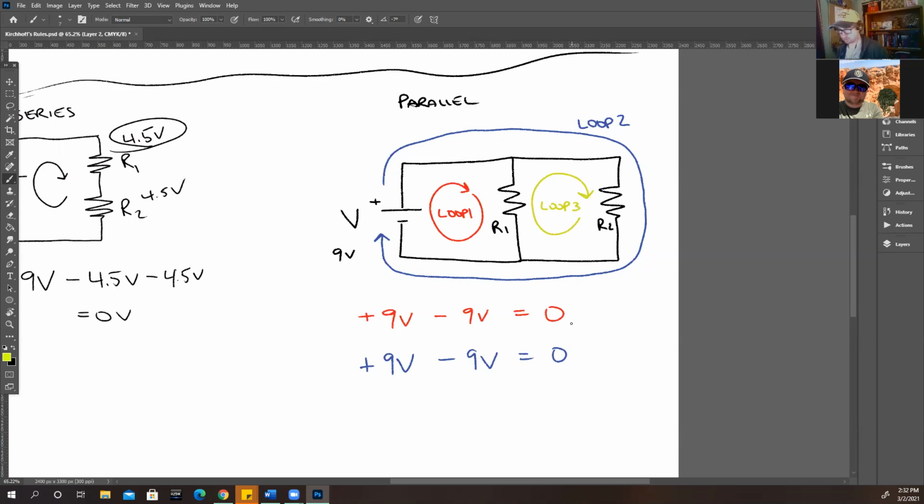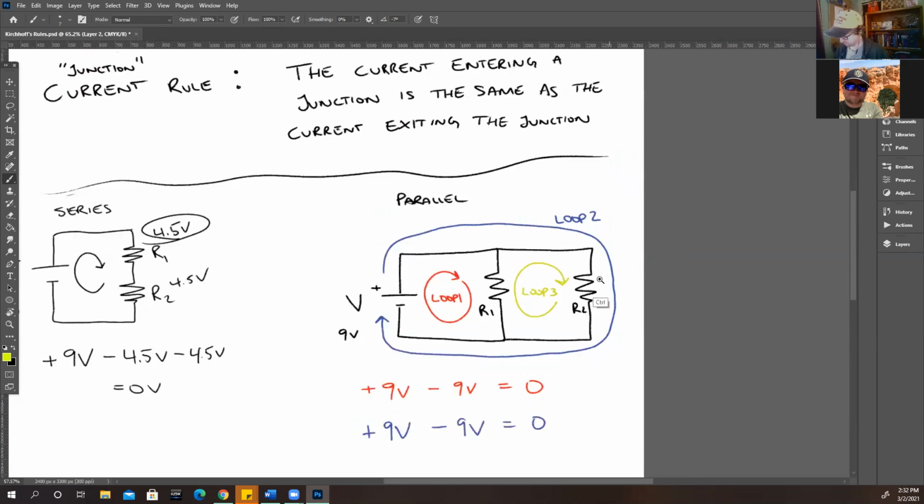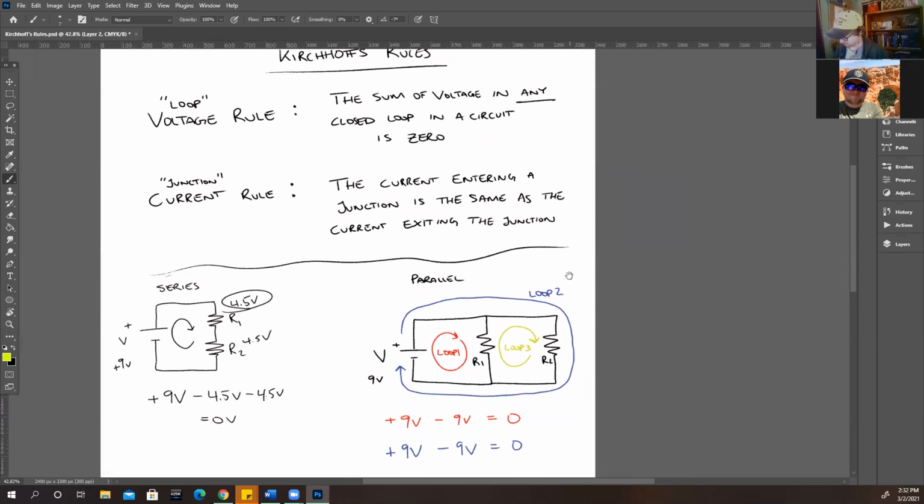How can that be a loop, though, when there's no battery in it? Well, it's closed on all ends. It is considered a loop. Does the voltage rule also apply here? Yes, it does. Because the voltage rule applies for any closed loop.